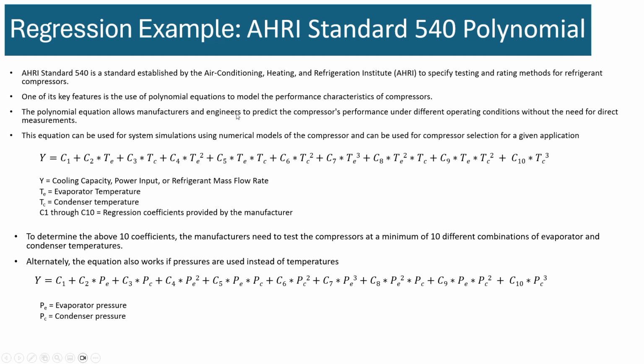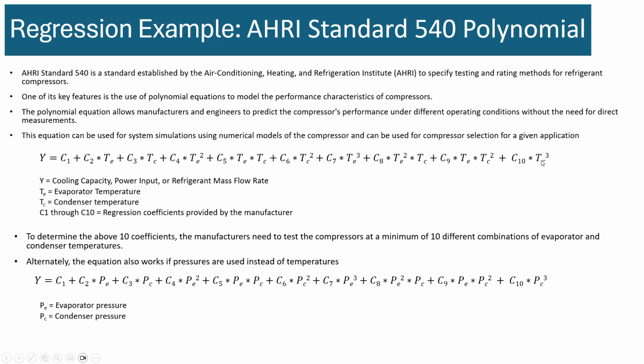So instead, what we have seen is, if you test a certain number of points, let's say 10, 15 or 20 combinations of evaporator temperatures and condenser temperatures, you then fit a curve using this polynomial with two variables, temperature of evaporator and temperature of condenser.